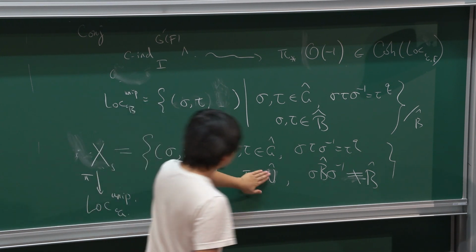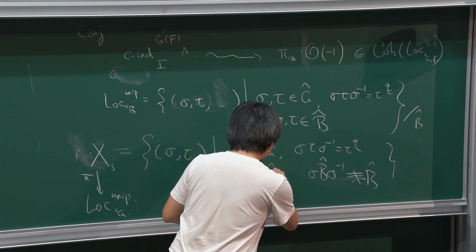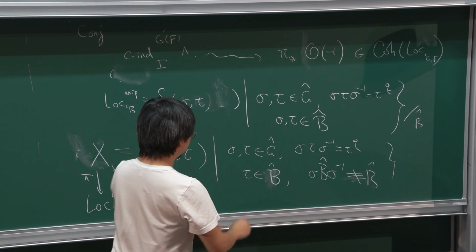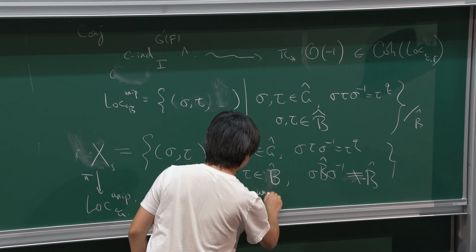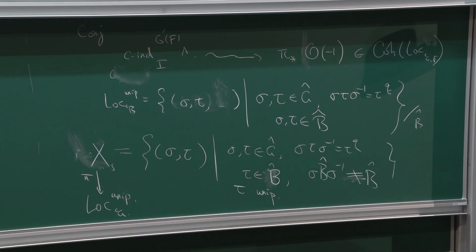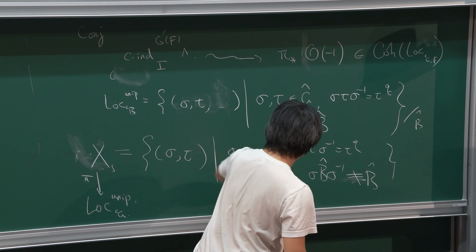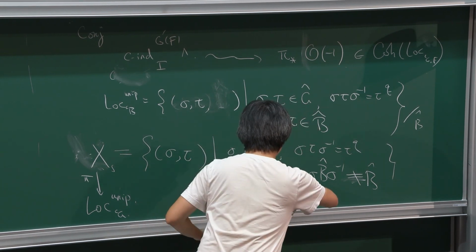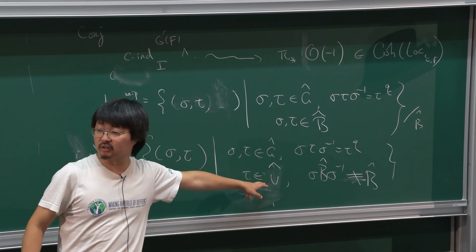Yeah, so sorry, there's a stack. I need this, but unipotent. Let me write it in this way. Yeah, sorry, it's okay to just use this U hat. This is the unipotent radical of the B hat.